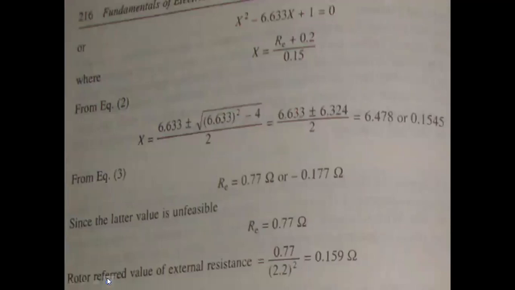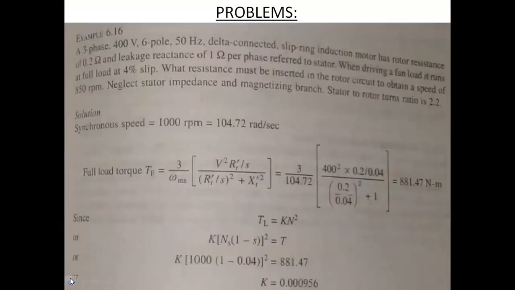So the rotor value referred to the external resistance is 0.77 divided by K. See here, the stator to rotor turns ratio is 2.2.